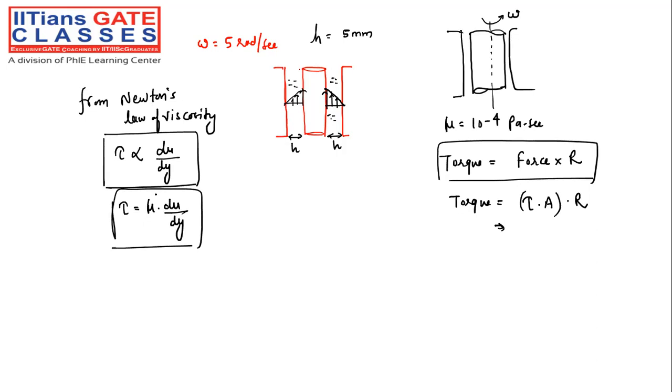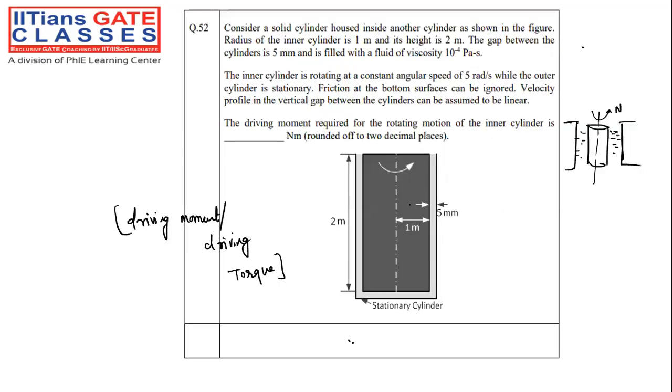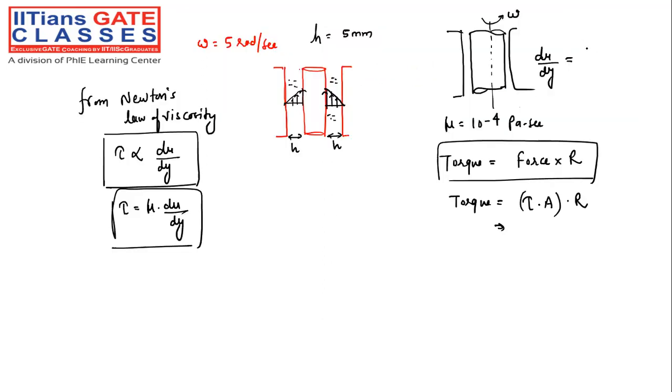What is the du by dy? In the problem, they mention very clearly that the velocity profile in the vertical gap between the cylinders can be assumed to be linear. So V by H we can write directly, from the similar triangle. So you can write tau to be mu into V by H.